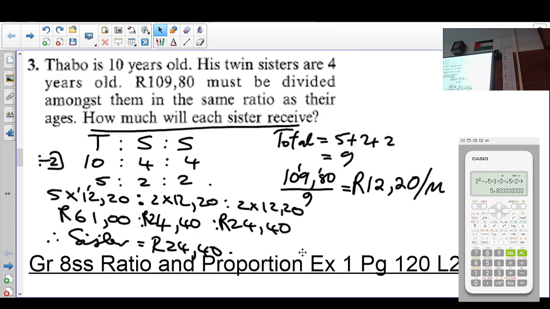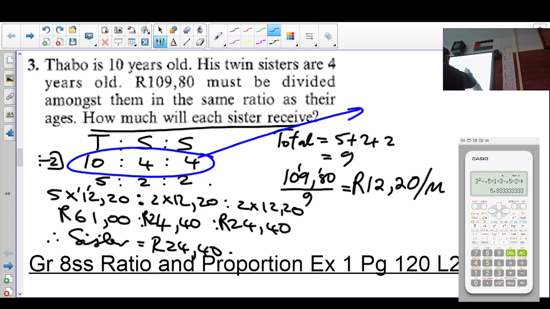Any confusion? If I didn't simplify this, then that would have given us 18. Then 109,80 divided by 18 would have given you 6 rand 10 cents per unit.